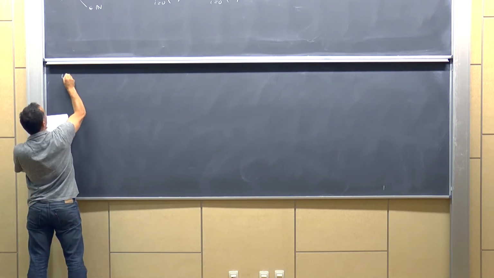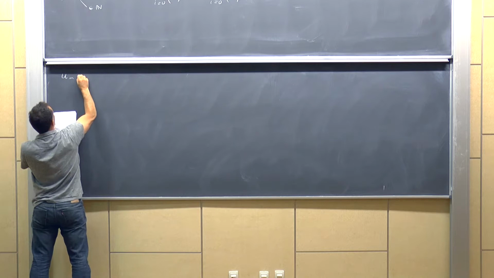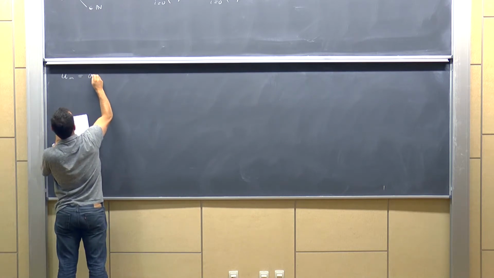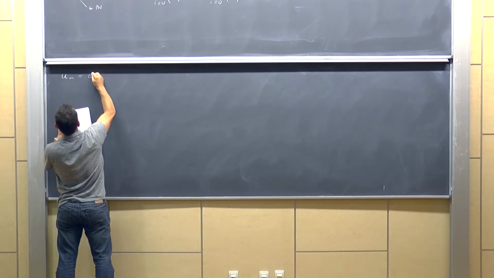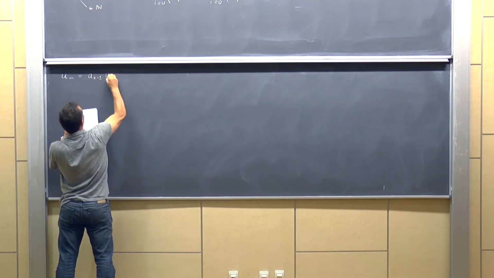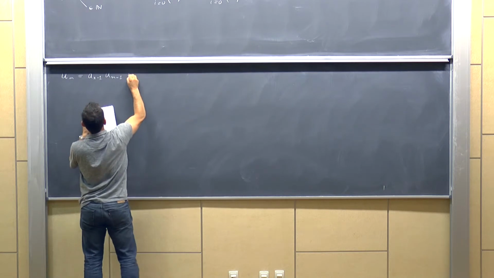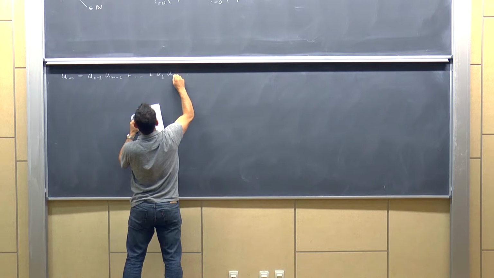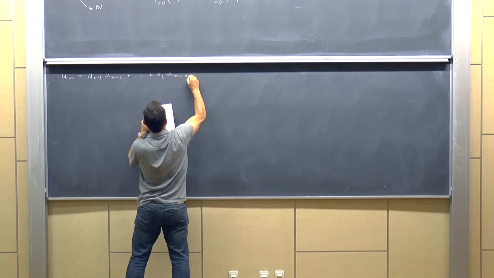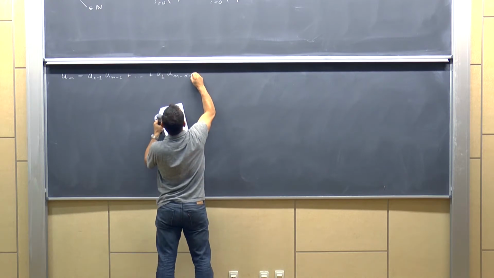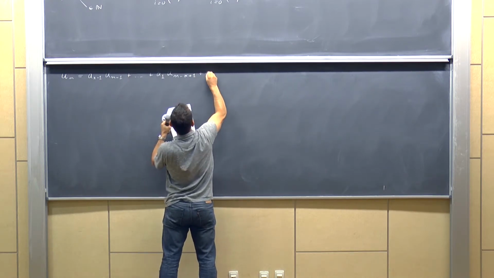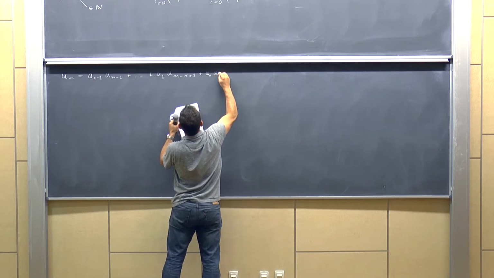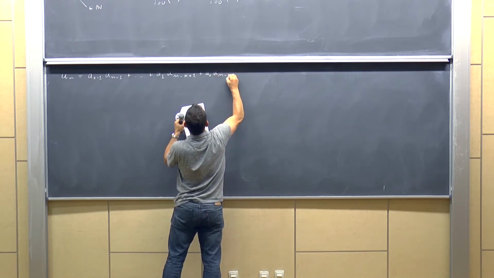So we have a linear recurrent sequence u_n, which is given to us as, let me write a_{k-1} u_{n-1} plus dot dot dot plus a_1 u_{n-k+1} plus a_0 u_{n-k}.